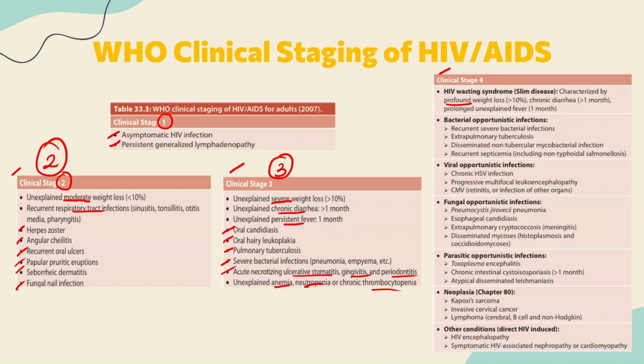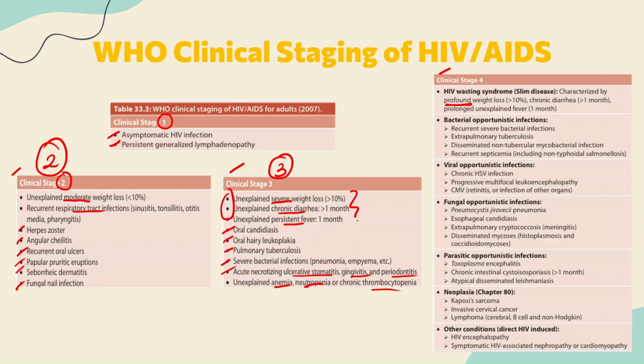Now in stage 4 also, the first 3 criteria of stage 3 are present in clinical stage 4. The only difference is here the weight loss is going to be profound. The patient has a profound weight loss with chronic diarrhea, meaning a diarrhea persisting for more than 1 month, and the patient is also having a prolonged unexplained fever for 1 month.